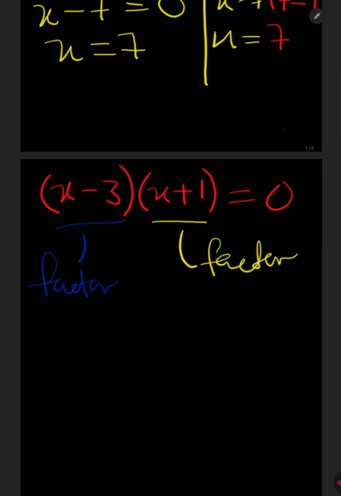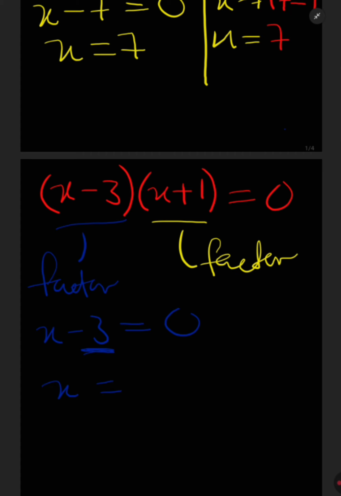Each factor should be equal to 0. So you shall say x minus 3 equals 0. As I stated before, you can take the minus 3 to the other side, which is the simplest explanation.